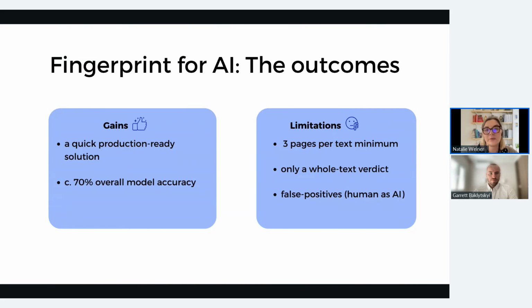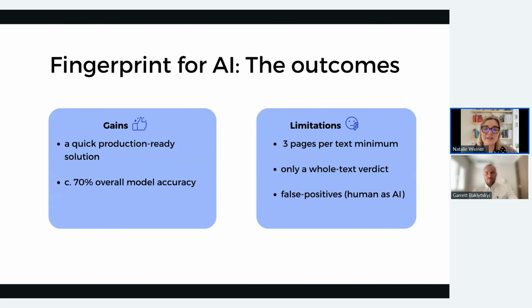For example, you can ask it to be formal or sarcastic or serious or lighthearted, whatever you want it to be. Nevertheless, this model was already production ready, and it allowed us to achieve 70% accuracy on our results, which is already a very good result for this non-trivial task.